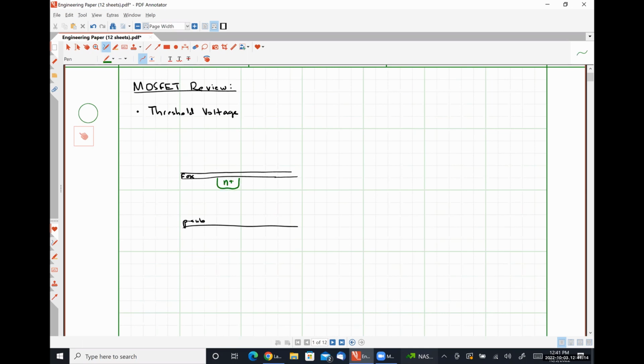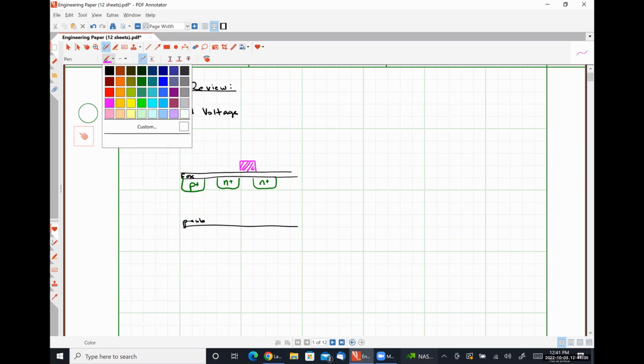So we're going to have an N plus implant here, an N plus implant here, the P plus implant over here. Here we have our polysilicon gate.